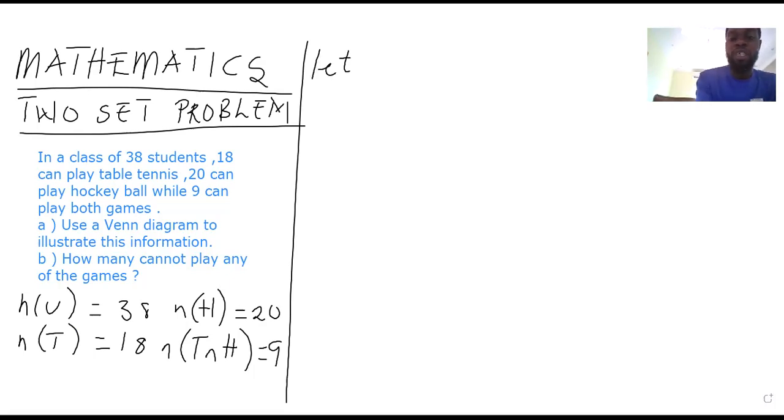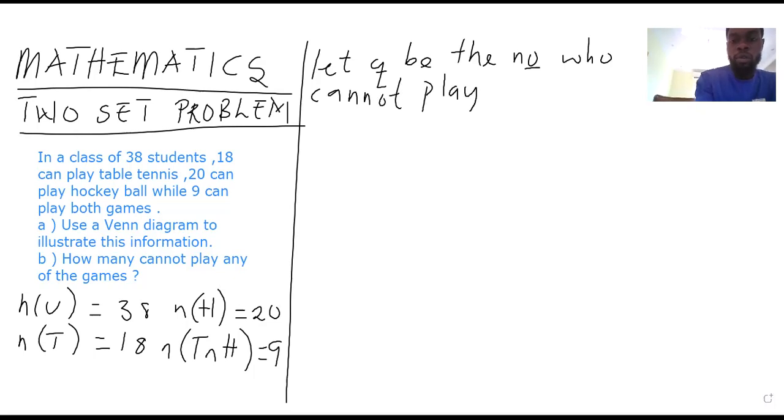Let Q, I'm using Q, be the number of students who cannot play both games. So we're going to present this on a Venn diagram.